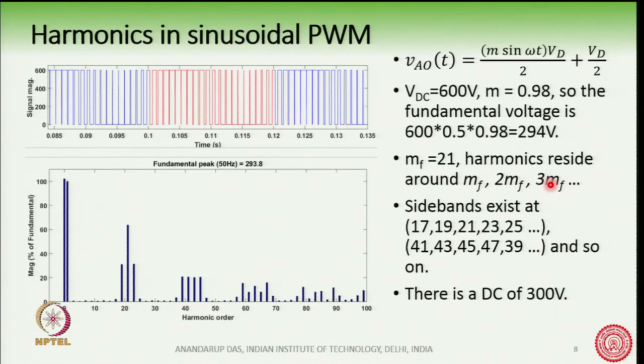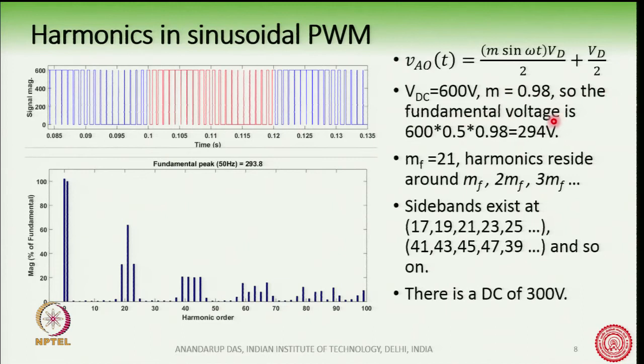Even before we go into the harmonics, let us first see what the fundamental voltage inside this is. So, we know that VAO(t) is m sin omega t Vd by 2 plus Vd by 2. Here we have taken Vd as 600 volt, m is equal to 0.98.